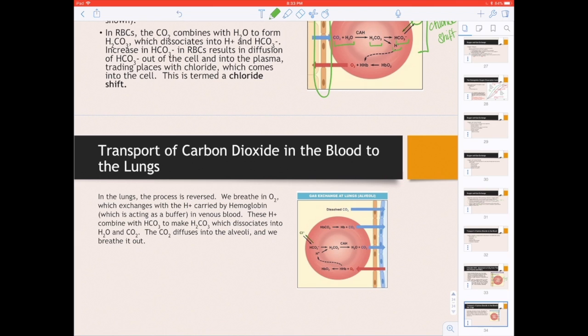So this is that hemoglobin buffer system. Hemoglobin is going to let go of the proton to grab onto the oxygen. And those protons are going to combine with the bicarbonate in the blood to make H2CO3, or carbonic acid, which will then dissociate into H2O and CO2. That CO2 can then diffuse from a high concentration to a low concentration in the alveoli, and then we breathe it out. We breathe out CO2 and H2O.